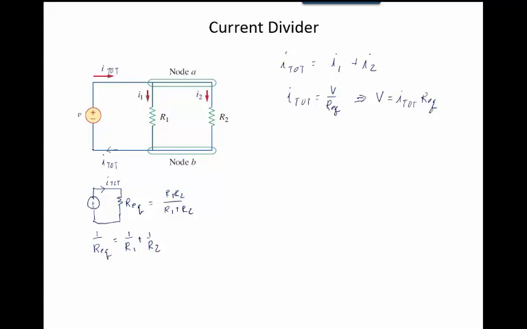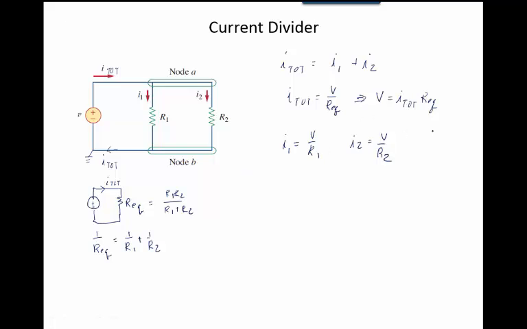I'm going to call this my reference point. This is 0 volts. V is everywhere along here, correct? And 0 is everywhere along here, along this node. There are two nodes in the circuit. So that means the voltage across here is the same as the voltage across R1, is the same as the voltage across R2. Same voltage everywhere. So therefore, I1, using Ohm's law, is V over R1, and I2 is V over R2.